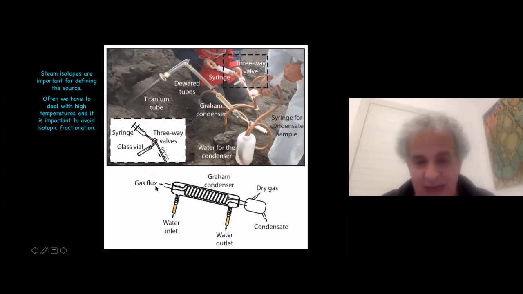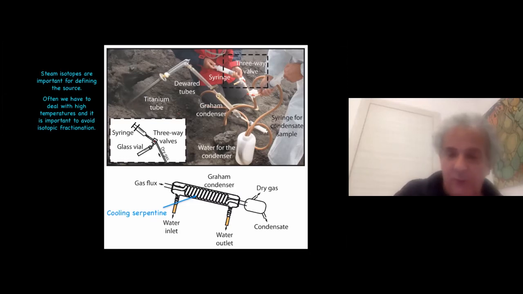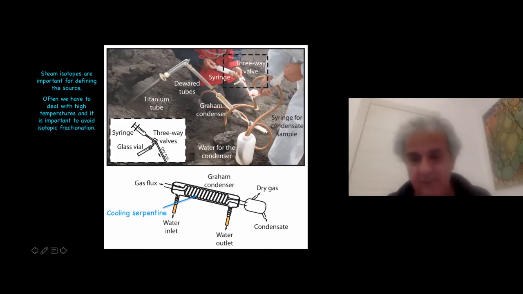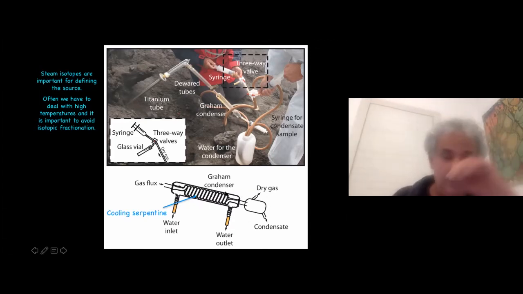Basically, the gas flux enters inside this cooling serpentine, and the cooling serpentine is continually in contact with fresh, cold water. So the temperature drops down, and this avoids any isotopic fractionation of the stable isotopes of water.